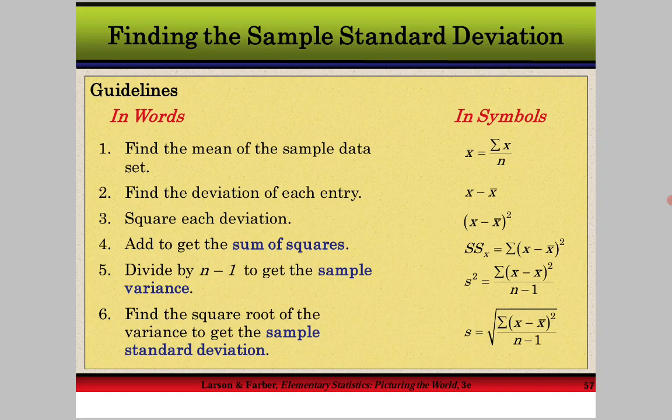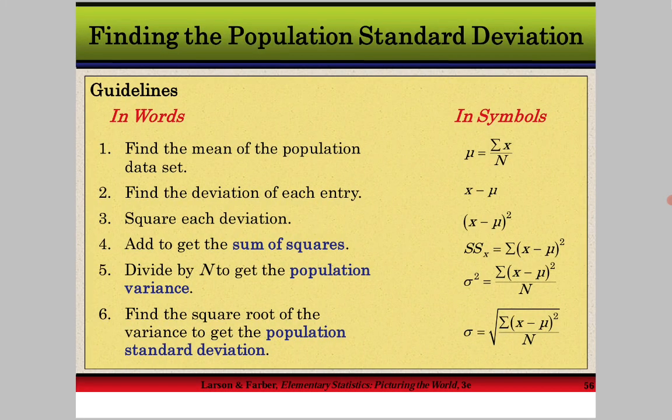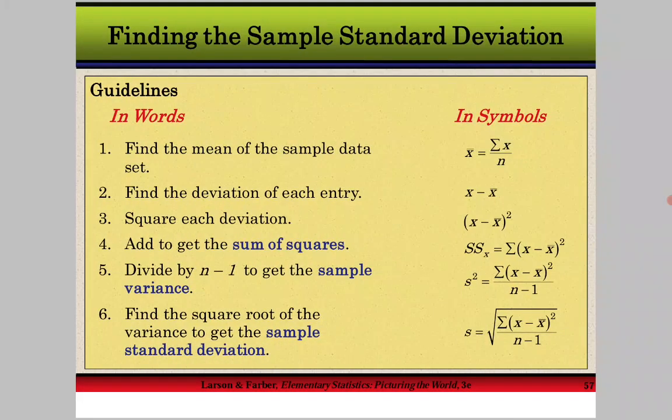So in the population standard deviation we take the population mean for calculating the deviations, whereas in the sample standard deviation we take the ordinary mean.